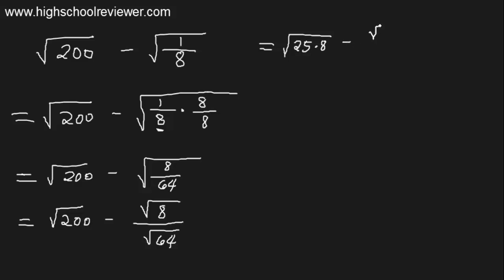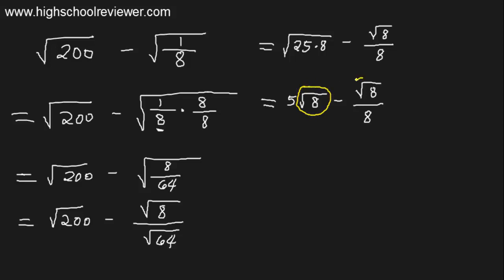We cannot simplify that, so this will be square root of 8 all over square root of 64, that is positive 8. And then square root of 25, that is 5. So what will be left will be 5 times the square root of 8 minus the square root of 8 all over 8. So we can see on the two terms that square root of 8 is common among them.